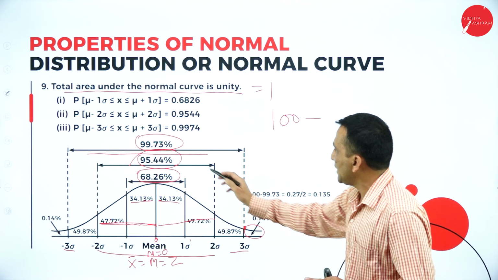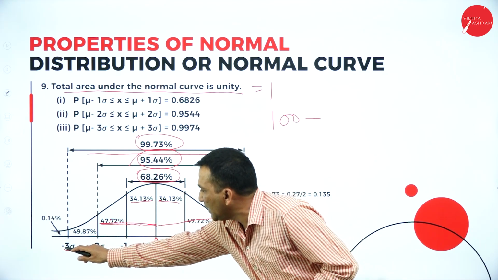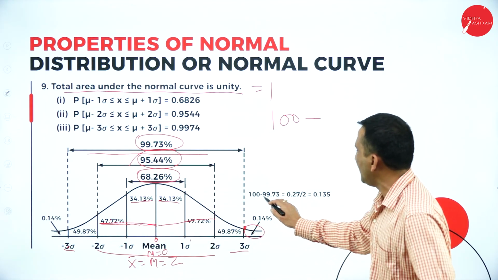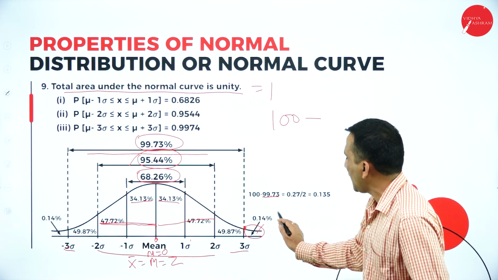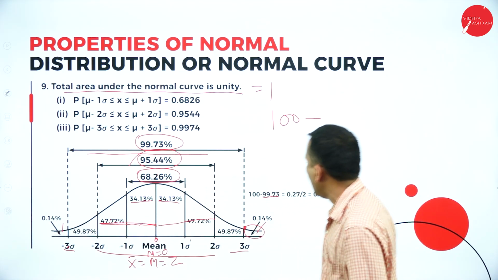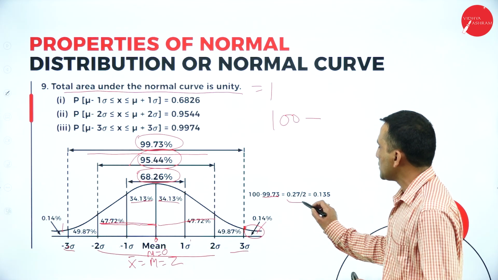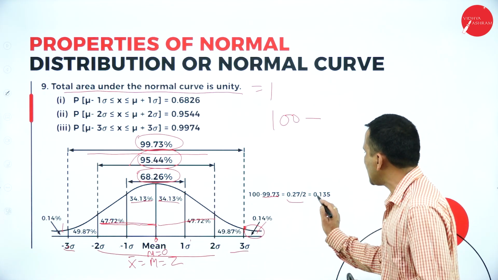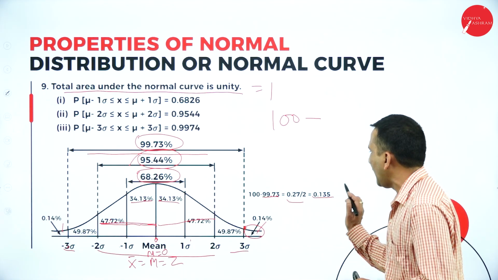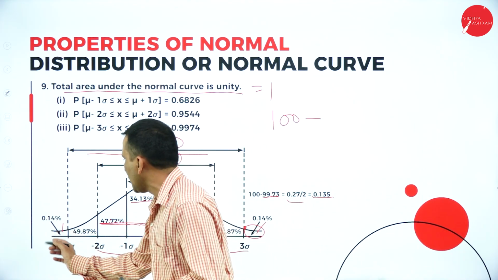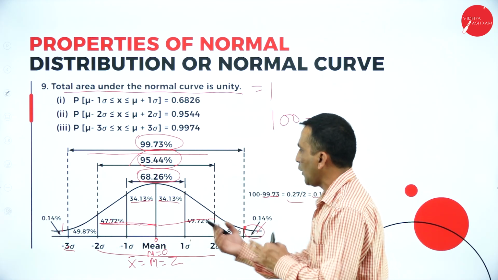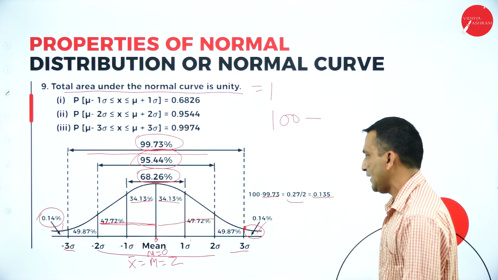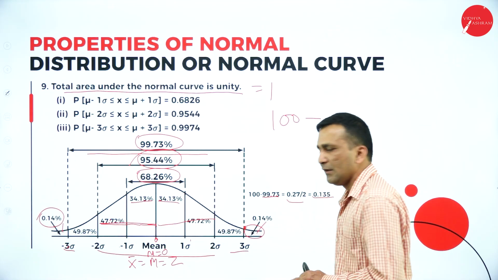From 100%, the maximum area is covered between minus sigma and plus sigma, so subtracting 99.73, the remaining area on both sides is 0.27. Equally divided, that is 0.135 on the right side and 0.135 on the left side. Rounded, we can write 0.14 on both sides; this is approximate.